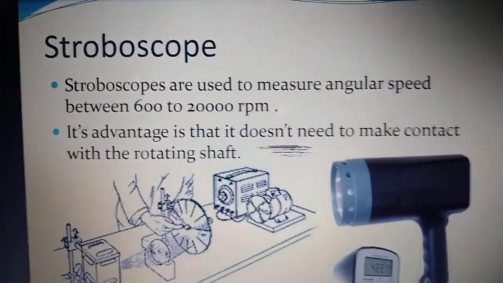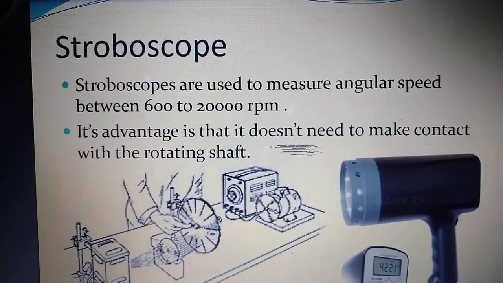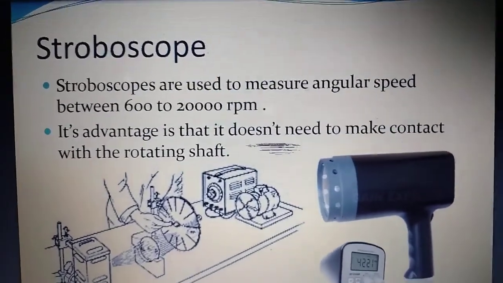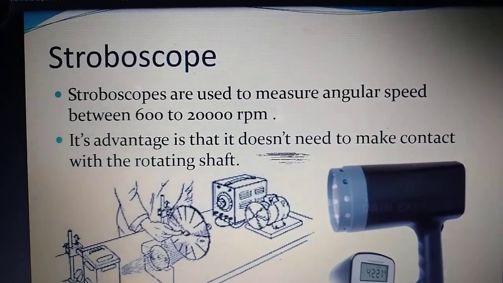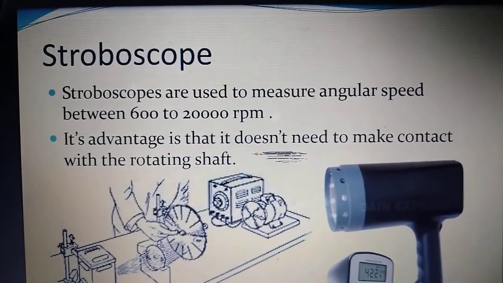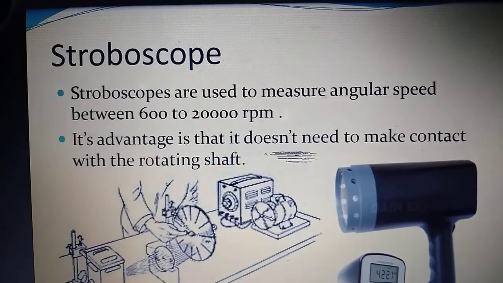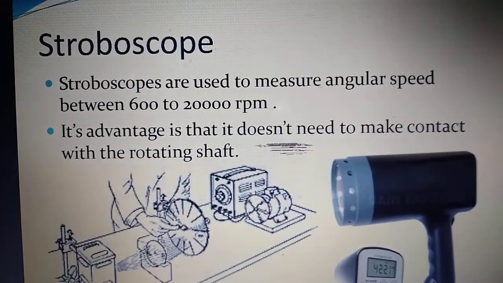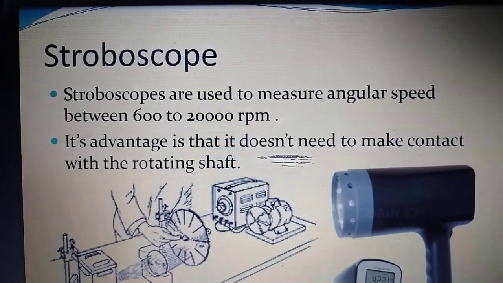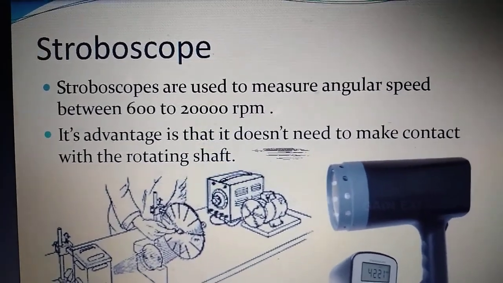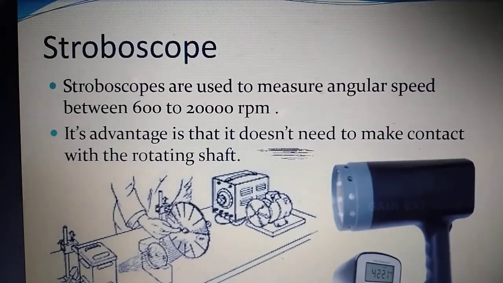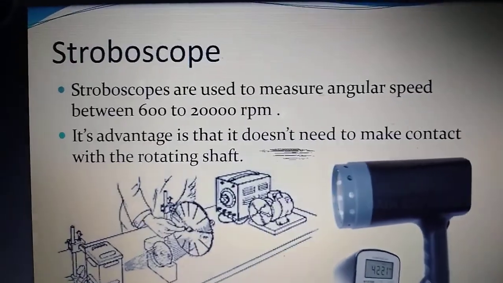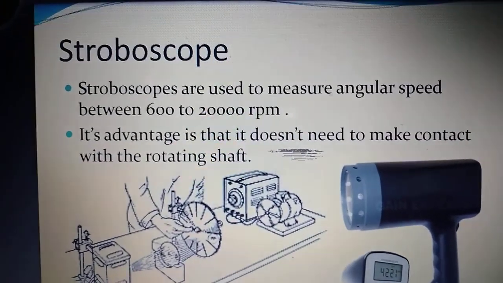With this principle of operation, we use stroboscopic transducers. The main principle of how it works is that light intensity comes from the stroboscope, and the frequency of the light will measure the speed of the rotating shaft or object.